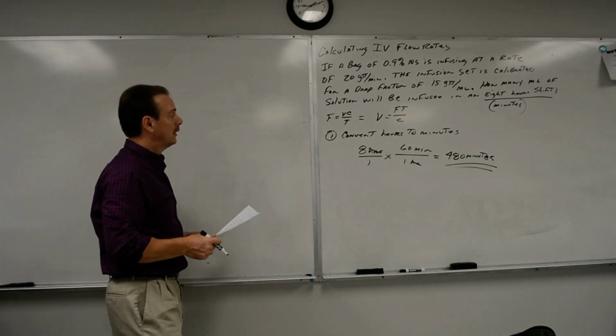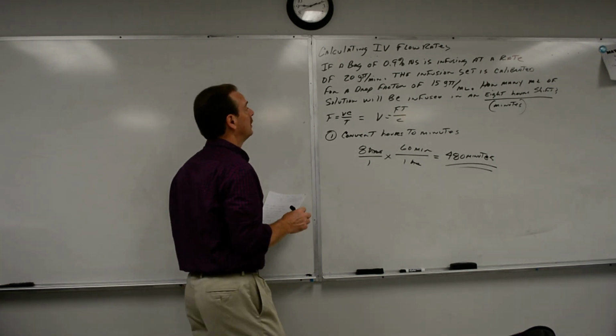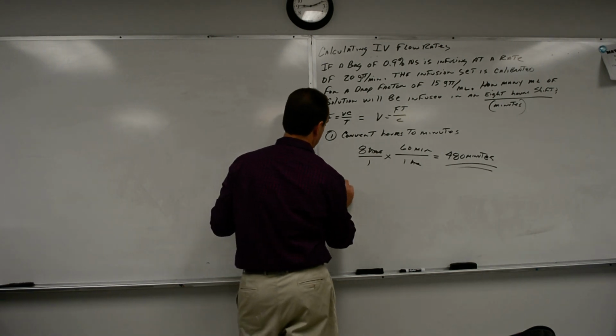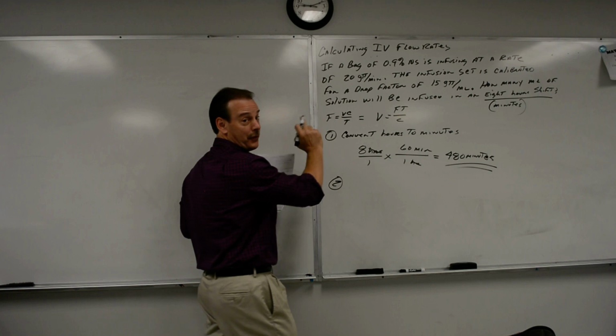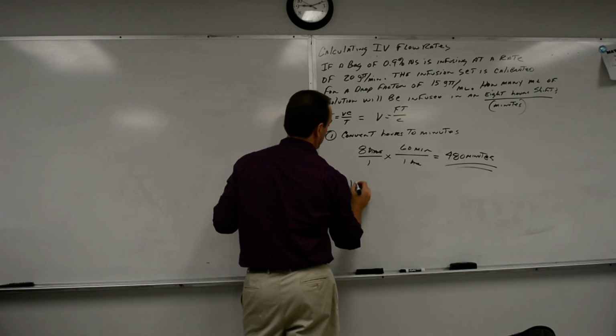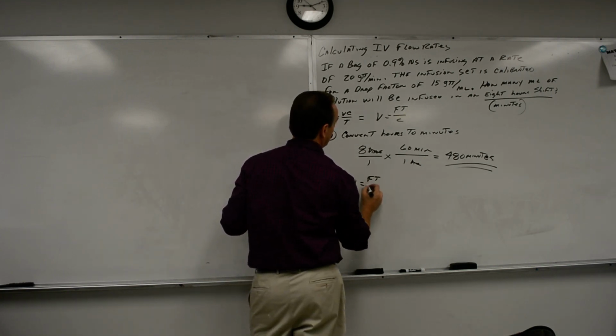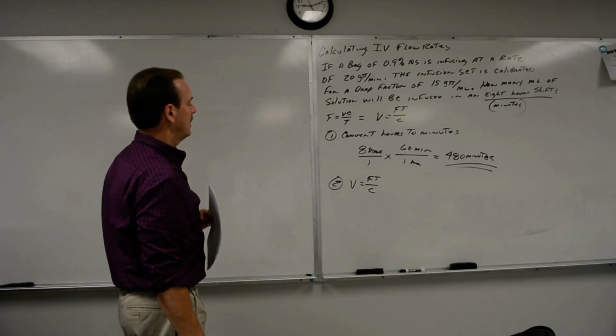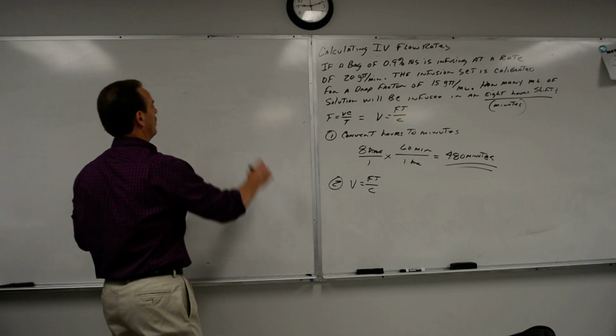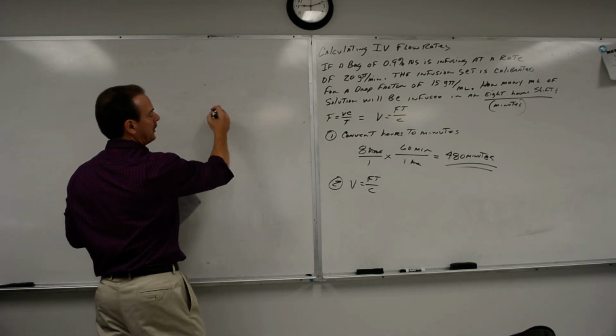Now, for step 2, let us take the equation we used to solve for volume, and let's solve for that. So it's going to be V is Ft over C. So let's identify our variables on this board here. The time is going to be what?